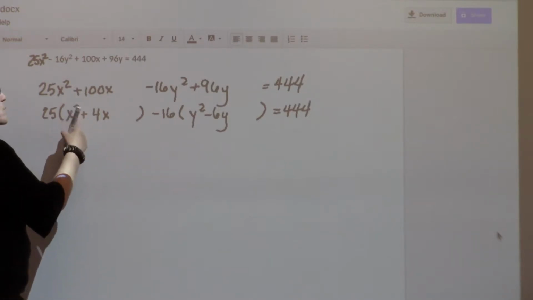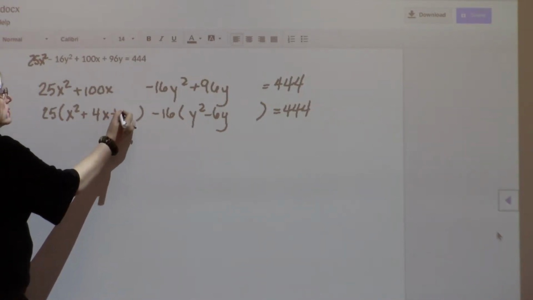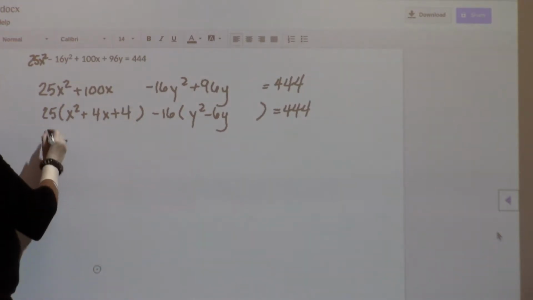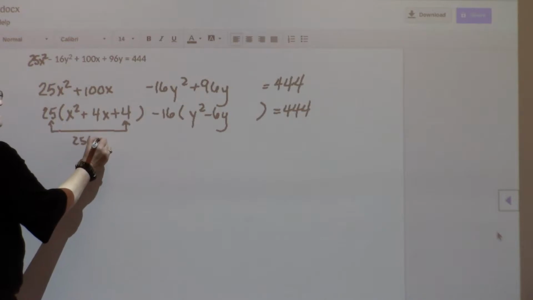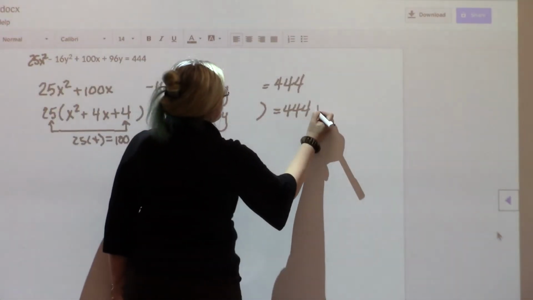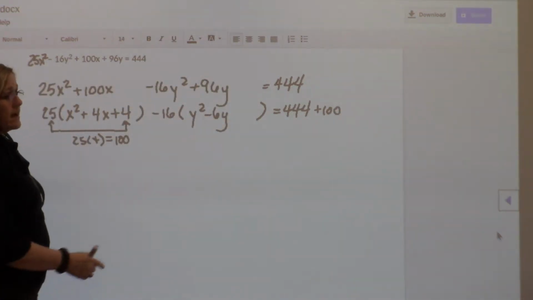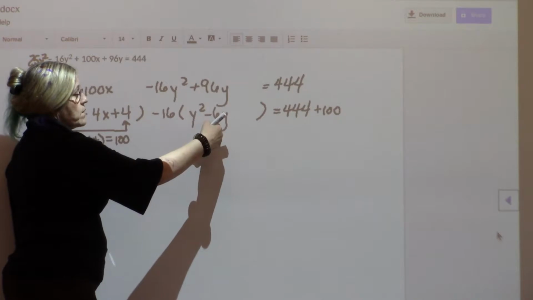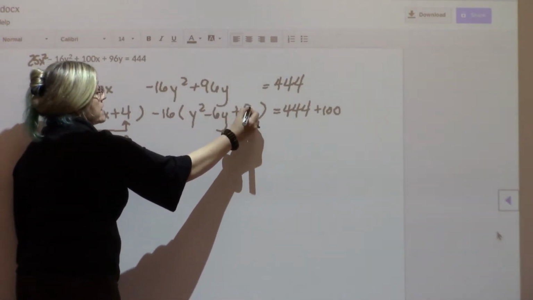So now, complete the square on this guy. Half of 4, square it. 4. Now we have to look at this, don't we? 25 times 4 is what? Positive 100, which means we have to add 100. Complete the square here. We have what? So we have 9 here.